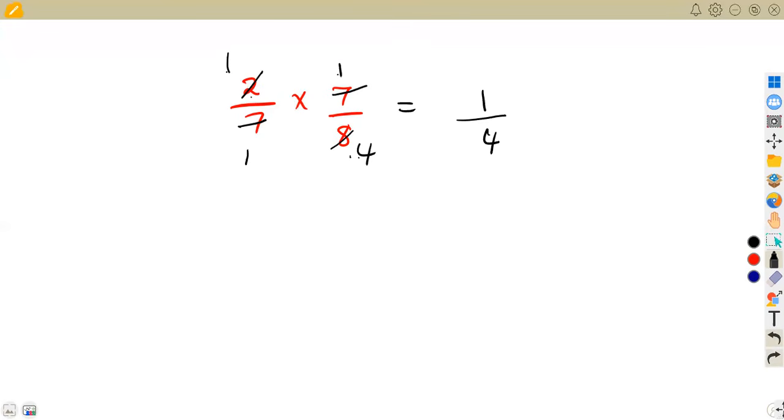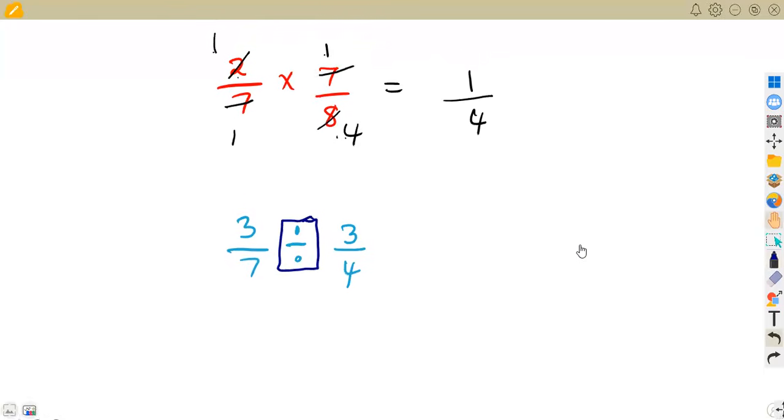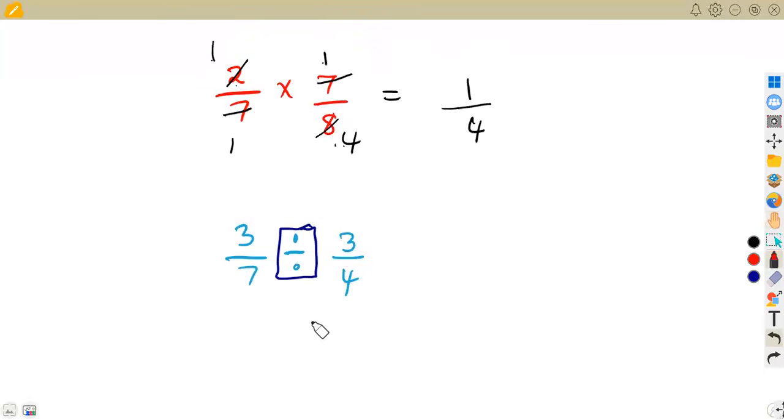The same thing applies under division. If we are given 3 over 7 divided by 3 over 4, that was supposed to be the normal way. We can't divide fractions directly, so what we do is introduce multiplication where there is a division. That same idea is the one we use even in our algebra.